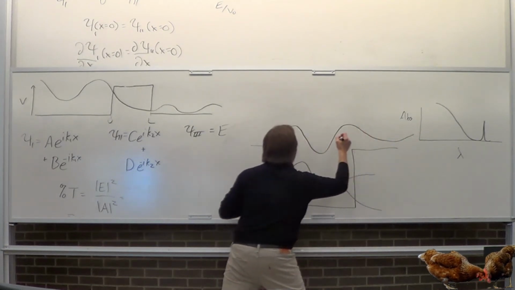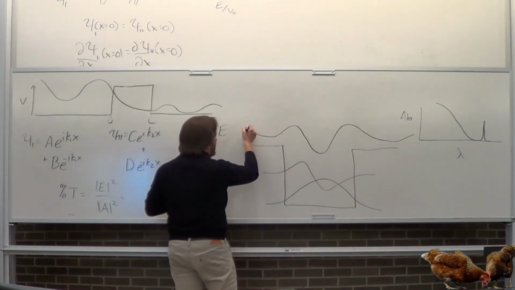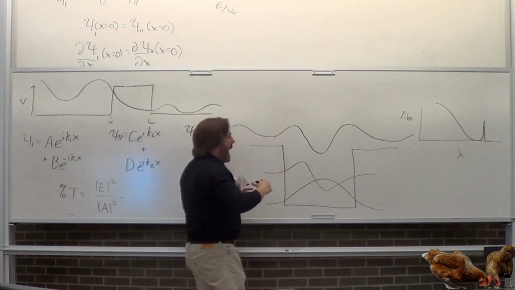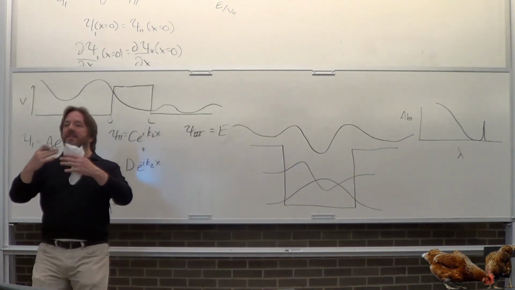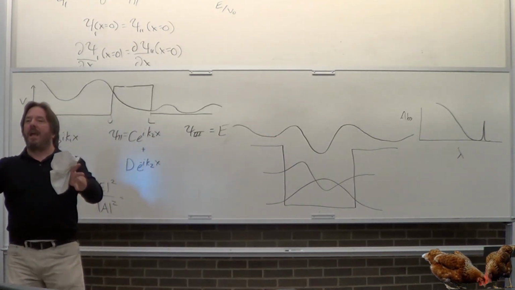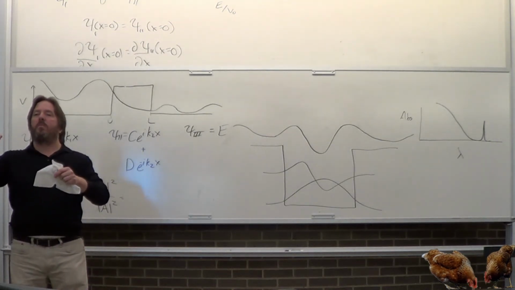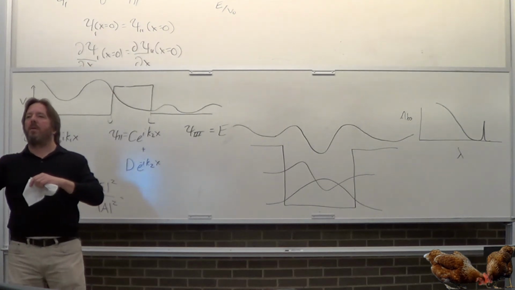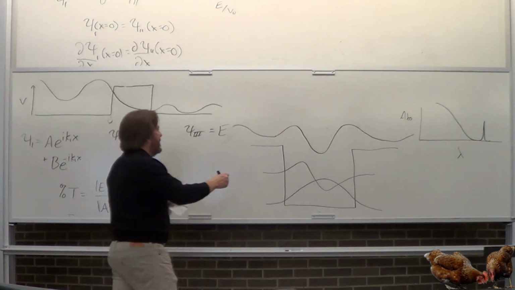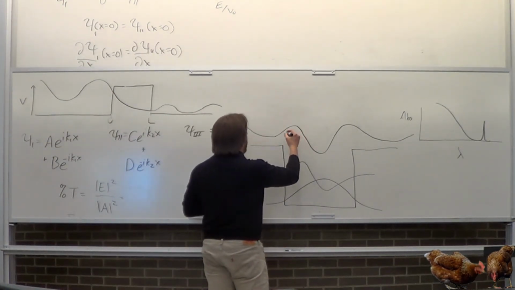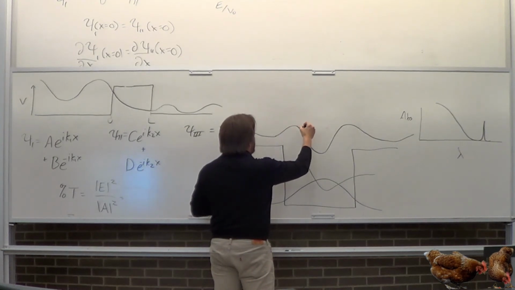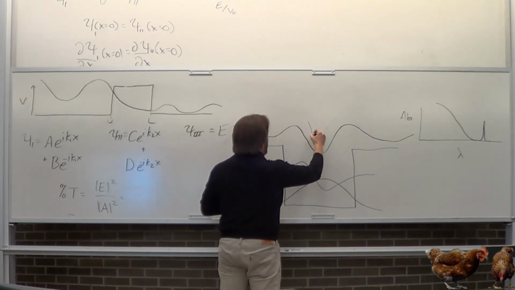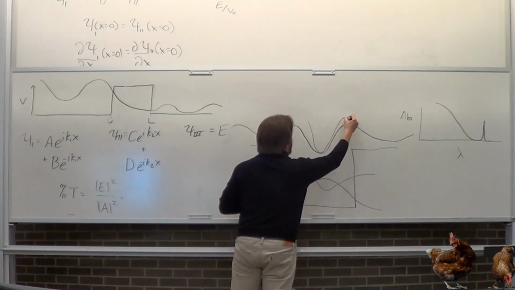Okay, so this is the next state. However much energy that is, let's call it an eV. The next state can have 1.0001 eV. The next state can have 1.002 eV. Anything goes. Because the next energy state, let me not screw it up this time, would just look something like this.